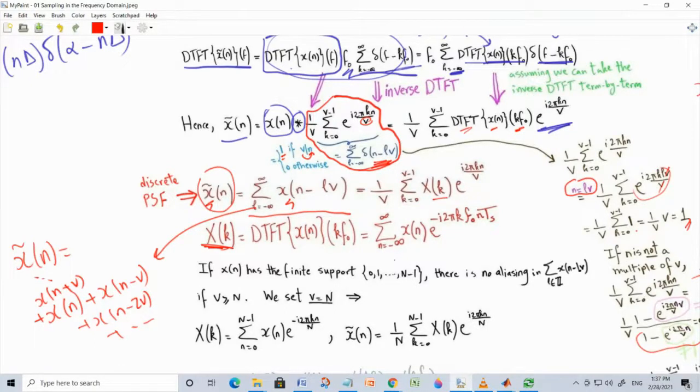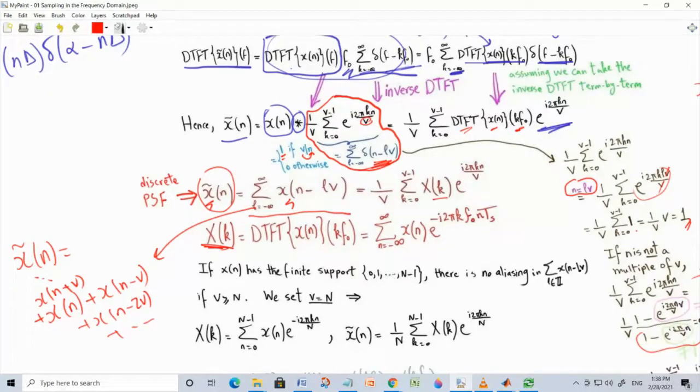Okay, so what is really the relationship between x tilde of n and x? You see that for many signals x, if you play this game, this summation will explode. So suppose that x of n is equal to 1 everywhere. Then basically you take this one everywhere and shift it at all integer multiples of v, and sum, you will get infinities.